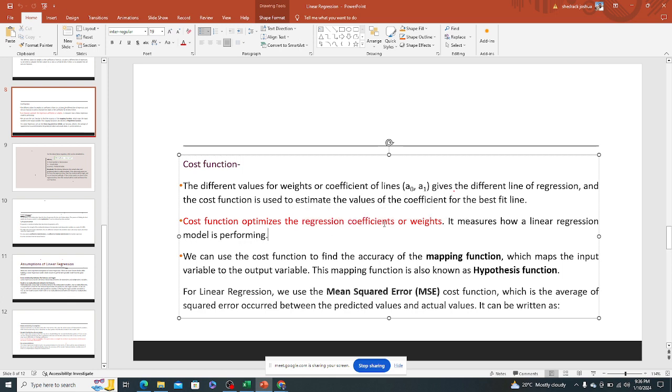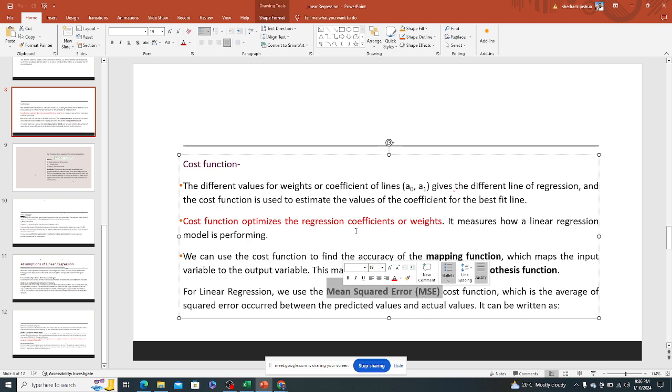This can also be done through trial and error, to see at what values of coefficients we will get the smallest cost function, or the smallest value of mean squared error.